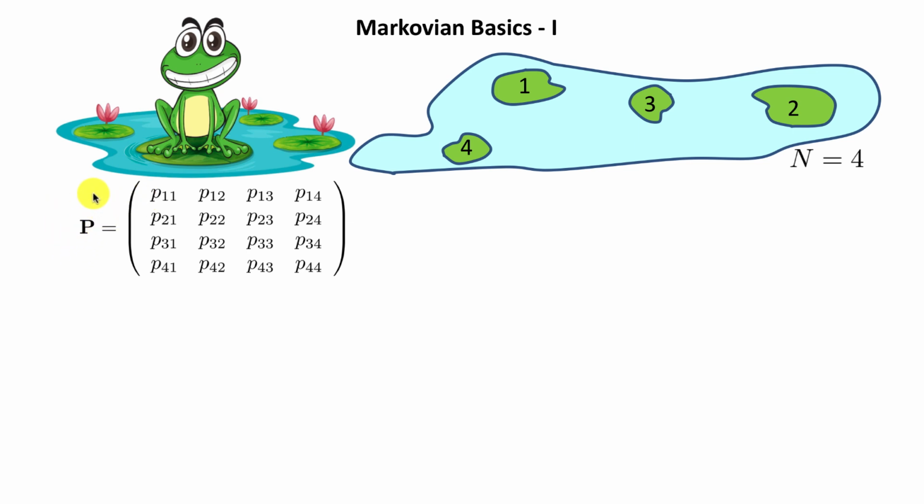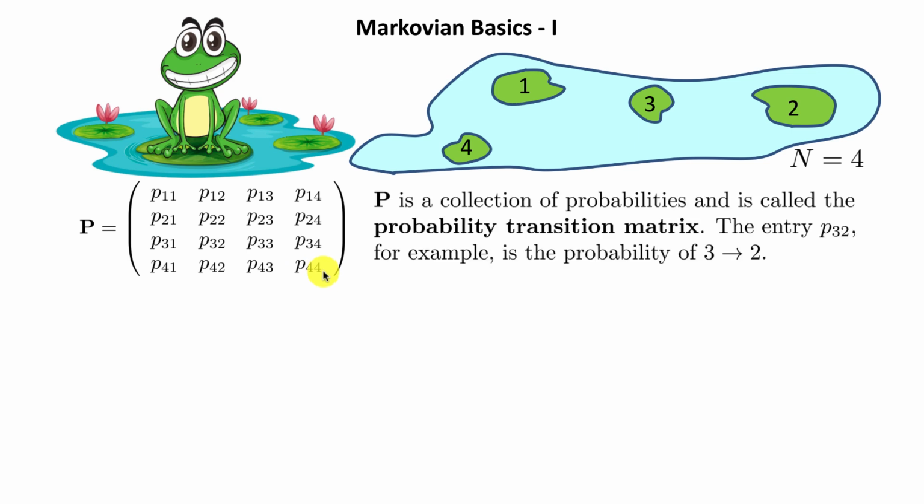We'll call that matrix P. Its elements are 1 to 1, 1 to 2, 1 to 3, 1 to 4, etc., 4 to 3, 4 to 4. This is a collection of probabilities, and we will call this the probability transition matrix.